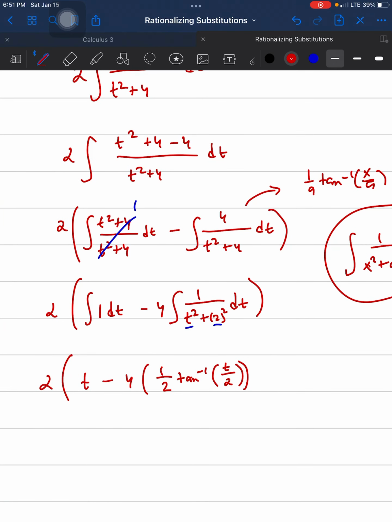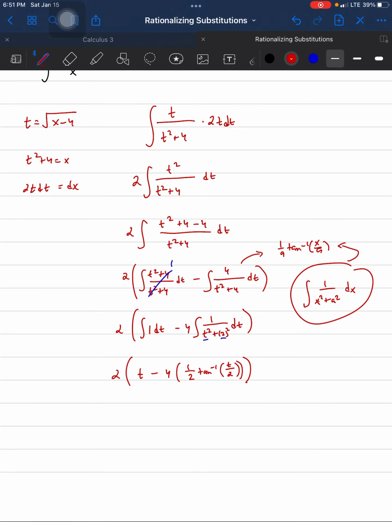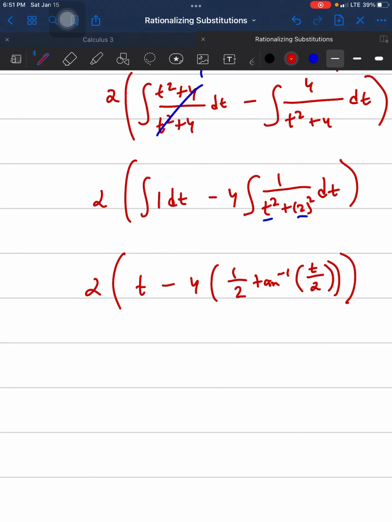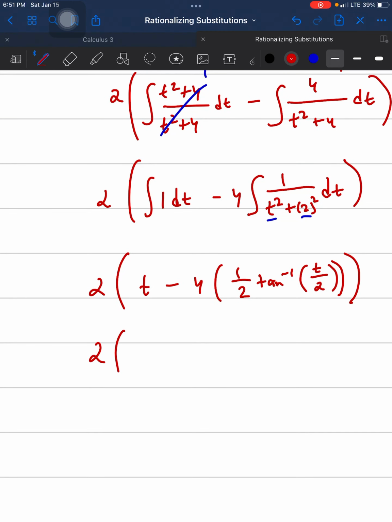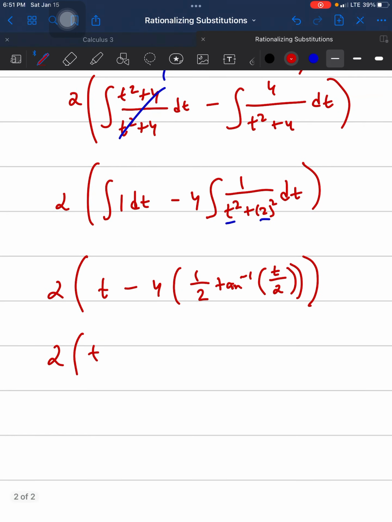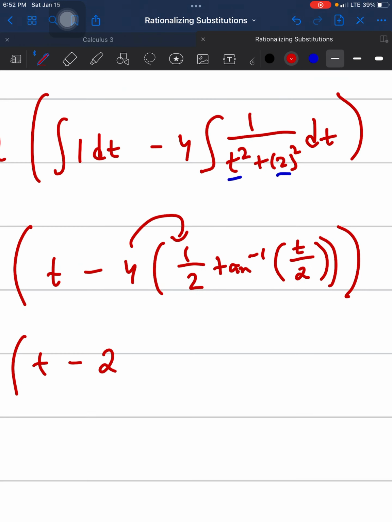So that's what we get so far. Now we can simplify a little. So 2 outside, t minus, and we distribute the 4 to the 1/2, we get 2 tan inverse t over 2.